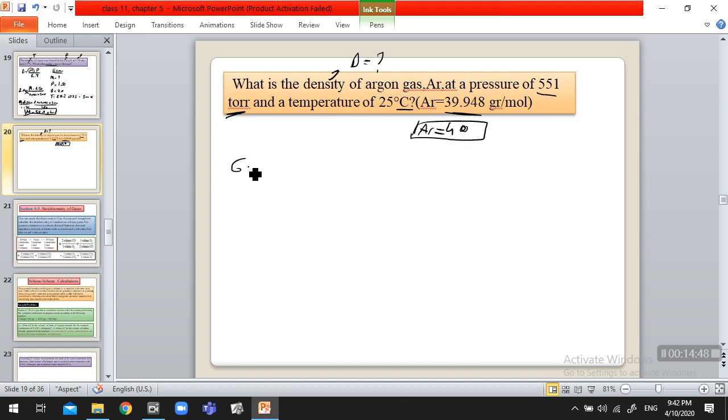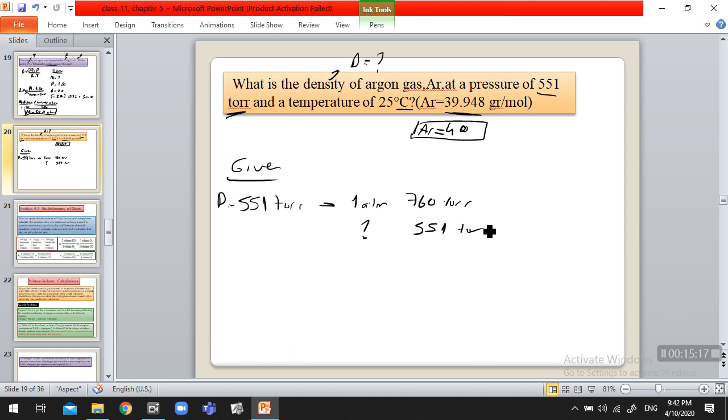And the givens: first, what's the pressure? 551 torr, isn't it? Okay, guys, as we know, 1 atm is how many torr? 760 torr. So how many atm equals 551 torr?